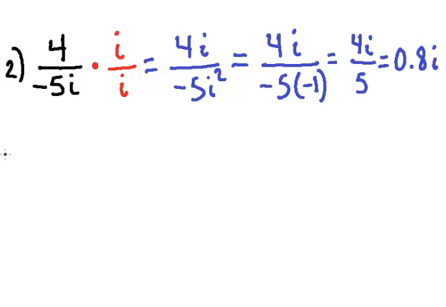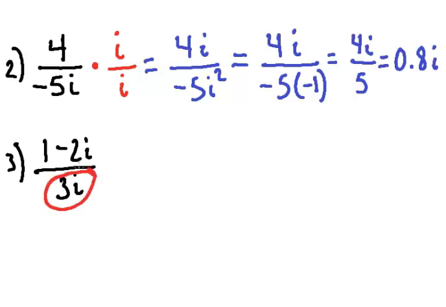Another example would be exercise 3. If we have 1 minus 2i divided by 3i, again, we have one single term down. So we're going to use, again, option 1. We're just going to multiply with the imaginary unit. So when are we going to use option 2? Okay, we're going to see it eventually.